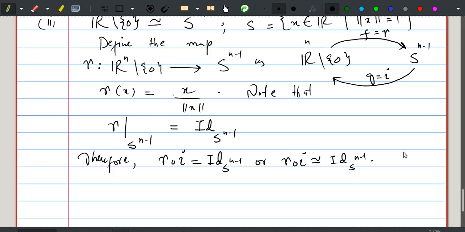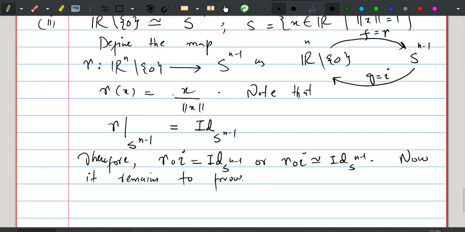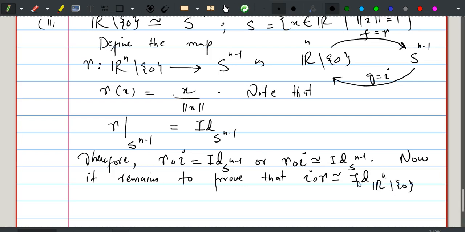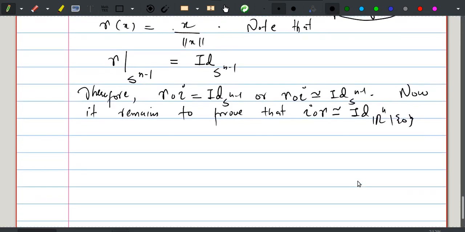Now it remains to prove that I composite with R is homotopic to the identity map on Rn minus 0. So we have to exhibit a homotopy which will prove that this map and this map are homotopic.